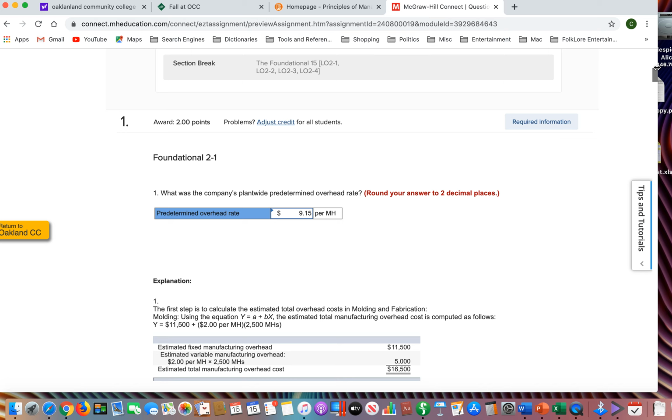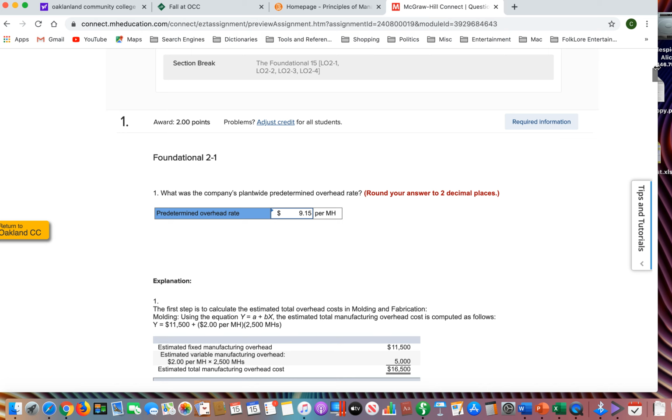Again, this is doing it by individual departments. Now, again, I want to let you know, go back to the PowerPoint slides 30 through 37, because here they're using the same allocation base for both departments, namely machine hours. On the exam, I promise you, each department will have a different allocation base, but the procedure is the same.